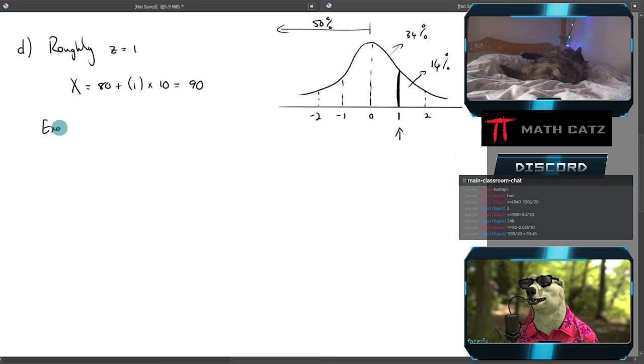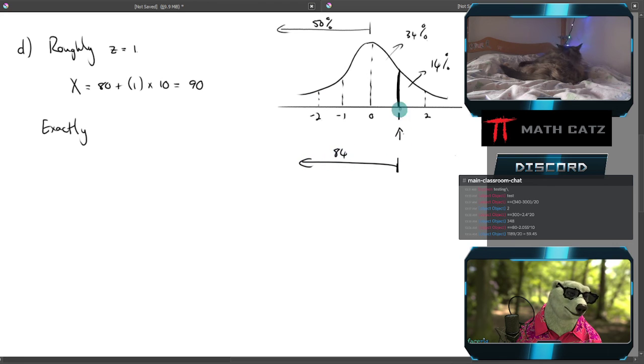If I want to be exact, and we'll end with this, now I have to look at the table and I can choose one of two. Oh, sorry, no, let me rephrase that. I'm looking for an 84% in the tail over here. I know it's roughly over here.